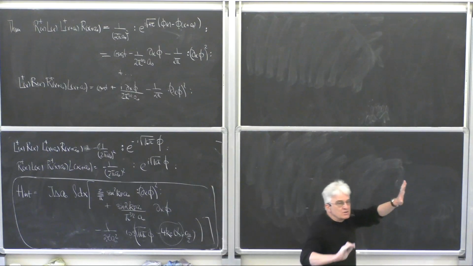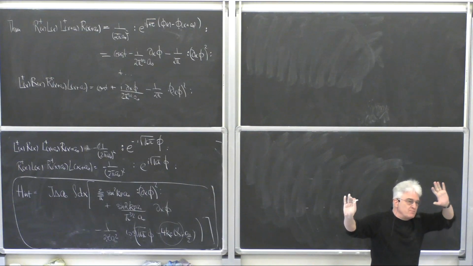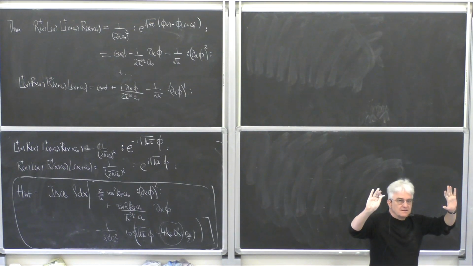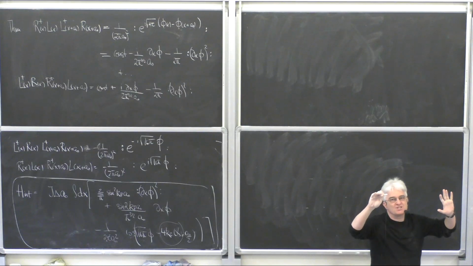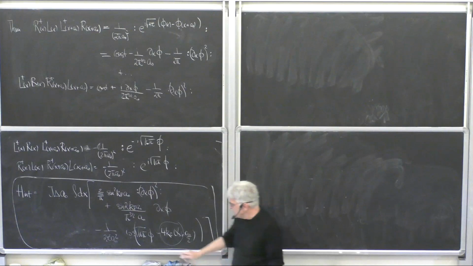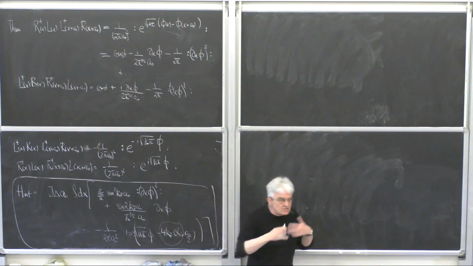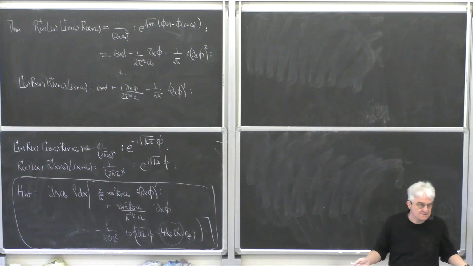Now we use what we learned about RG. If we have a free boson and we're perturbed by a cosine operator, cosine beta phi, then if this beta is larger than square root of 8 pi, that perturbation is irrelevant in the RG sense. Now, square root of 16 pi is larger than square root of 8 pi, which means this will be an irrelevant perturbation at small interactions, so I can drop it.